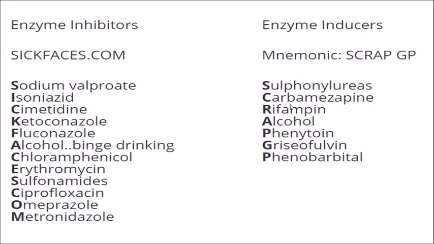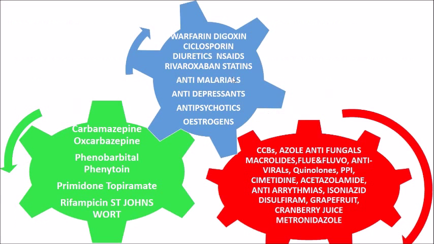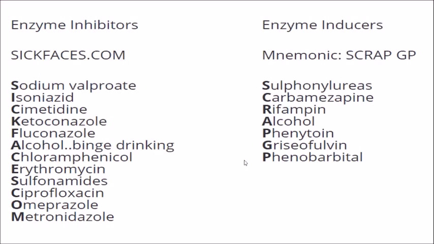But I find just remembering that the anti-epileptics and John's wort and rifampicin induce enzymes, and the most inhibitors are basically macrolide antibiotics, some anti-HIV drugs, quinolones, cimetidine is a very important drug. Also some selective serotonin reuptake inhibitors. So anyway, it's easy for you to remember. It's up to you, whichever is easy for you to remember.